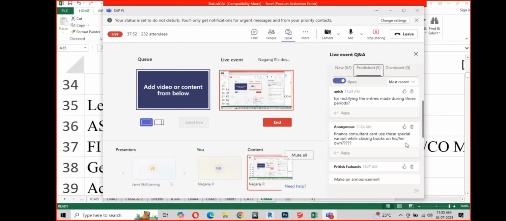But during my course of working, as per the requirements of my implementing partner, I would have trained the requisite departmental heads to carry out the closure functions. How to make use of a special posting period, we would have trained.